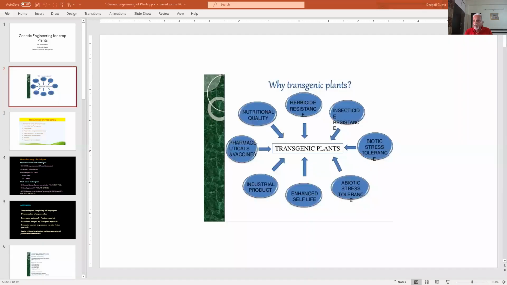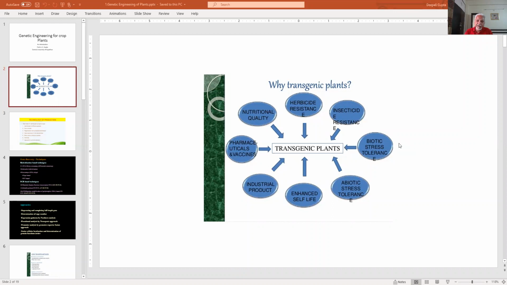It means we can transfer a gene from humans into a plant where it will produce that protein, or what we call vaccine, and that will lead to the production of edible vaccines. So with this broad introduction, we'll try to see what are the areas wherein this genetic engineering can be used.